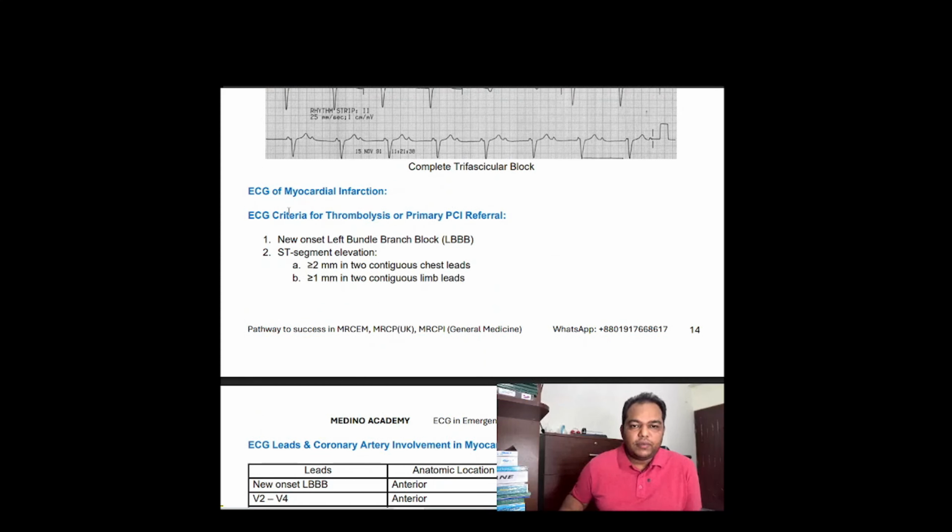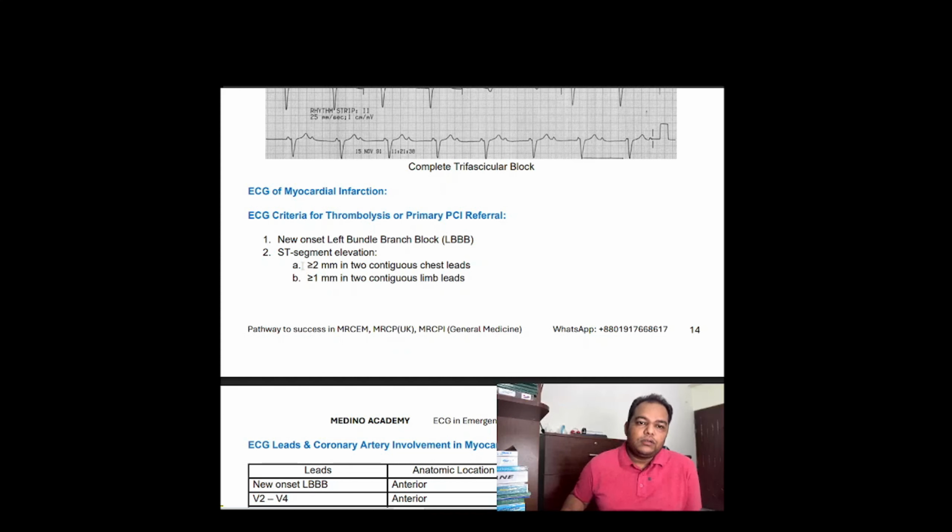Now the ECG of MI. ECG criteria for thrombolysis or primary PCI referral. Number one, new onset LBBB, then ST segment elevation, that we have already discussed. More than 2 small squares in chest leads, more than 1 small square in 2 contiguous limb leads.